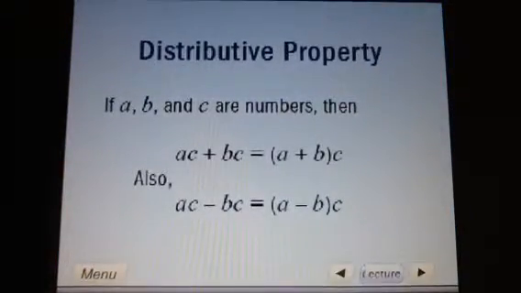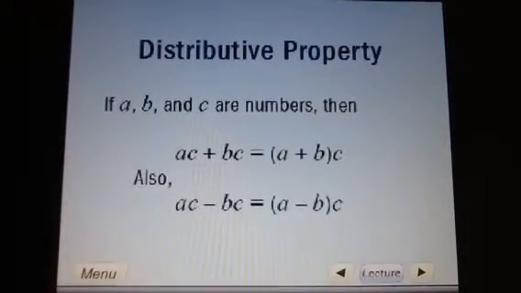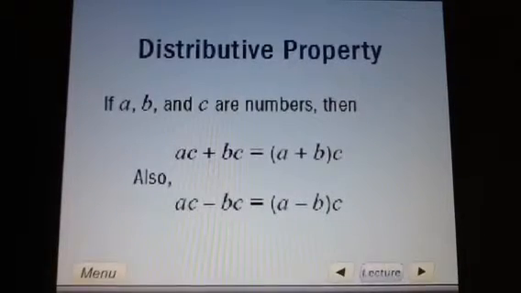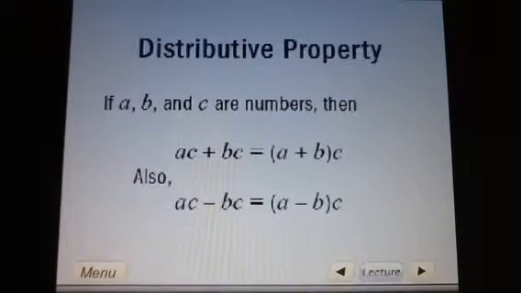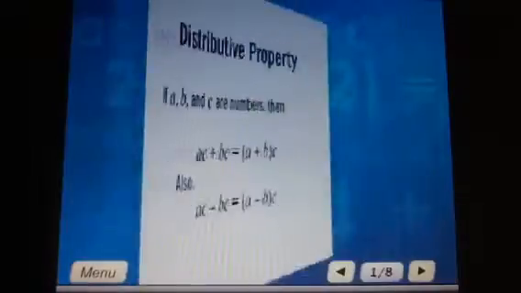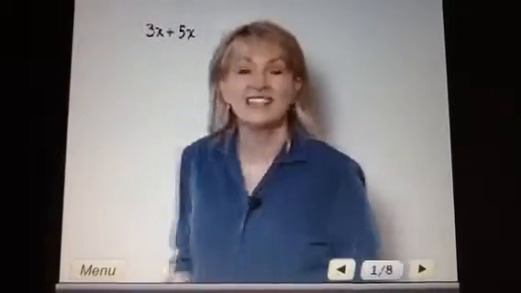If A, B, and C are numbers, then A times C plus B times C is equal to (A plus B) times C, and also AC minus BC is equal to (A minus B) times C. So let's use the distributive property in that manner to combine these like terms.